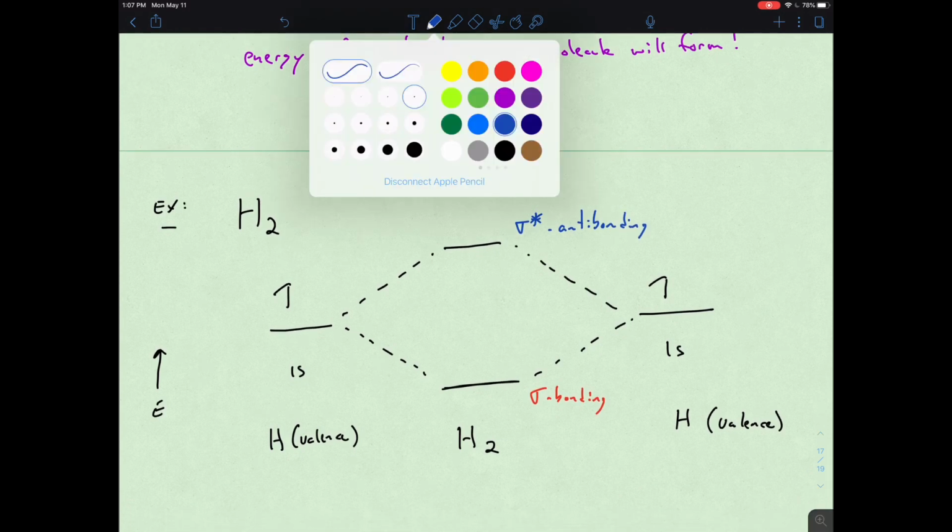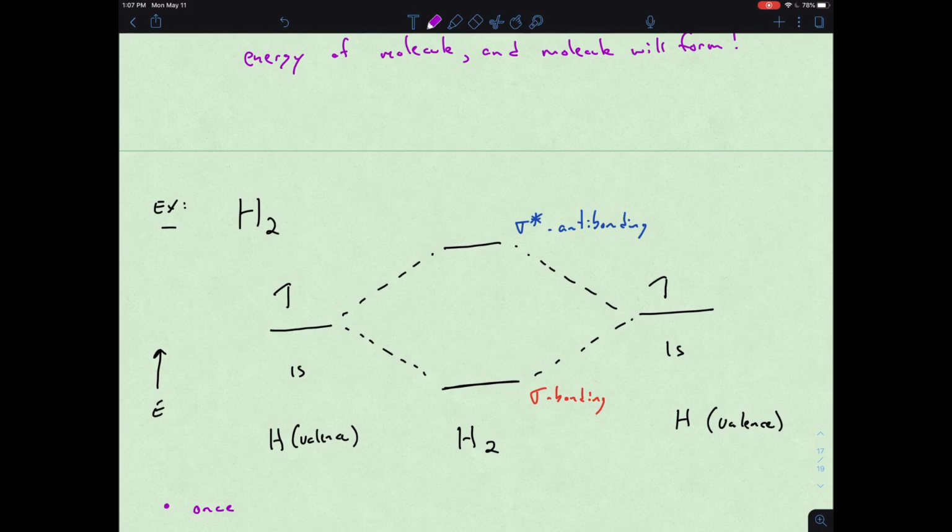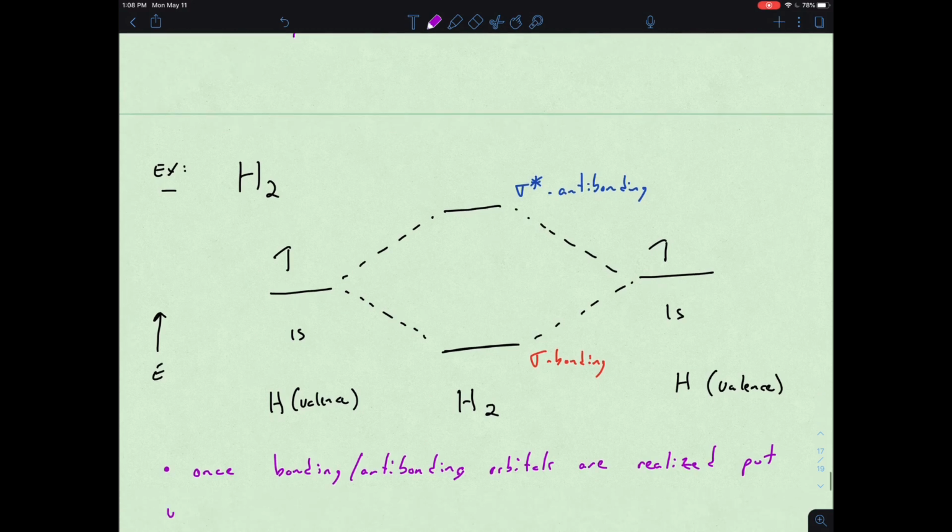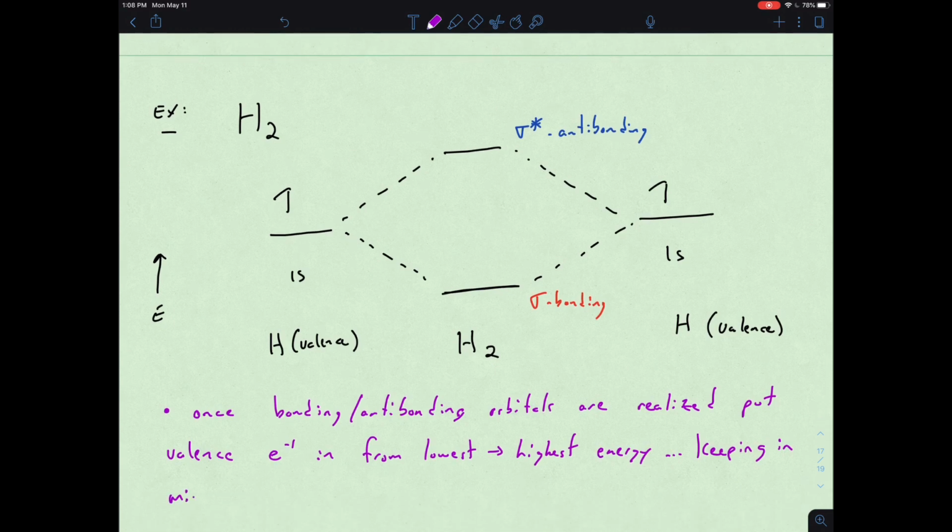Once the bonding and antibonding orbitals are realized, we put valence electrons in from lowest to highest energy, keeping in mind Hund's rule for degenerate orbitals.